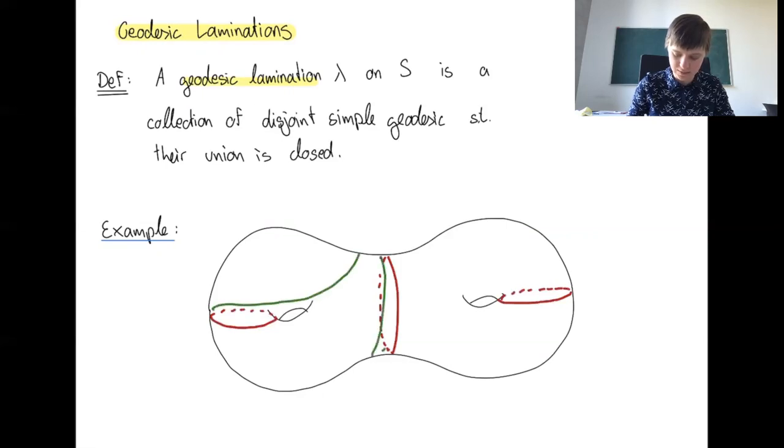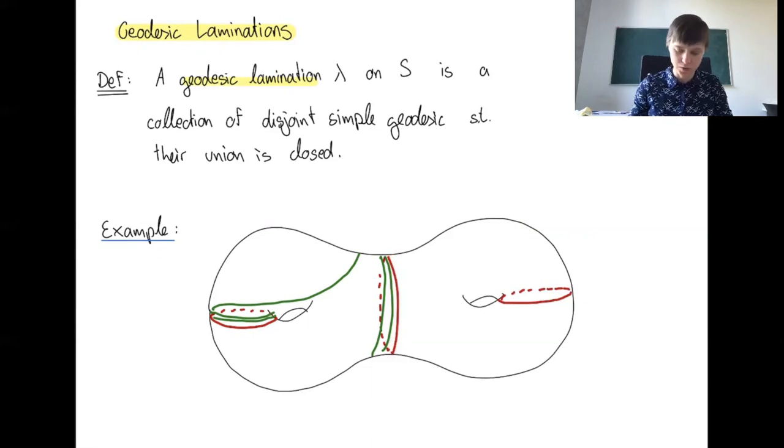So this leaf comes from there and then spirals closer and closer to this curve, and also on the other side it spirals to here. These are disjoint, simple, and the union is closed. Note that now we couldn't remove this closed curve, because otherwise the union would not be closed.